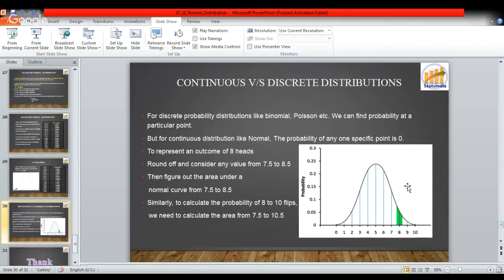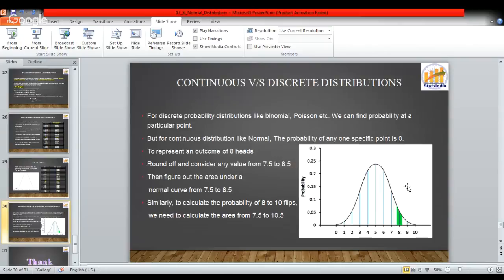Keep in mind that as this is a continuous distribution, the probability of any specific point is 0. We cannot find the probability at a point like 8 heads, 10 heads or 15 heads, because this is a continuous distribution.